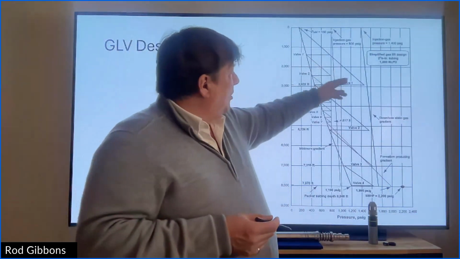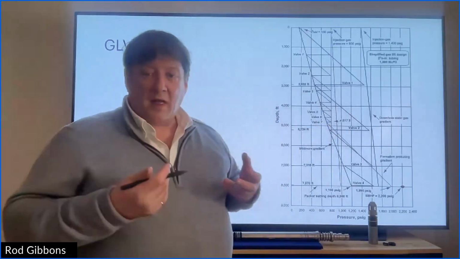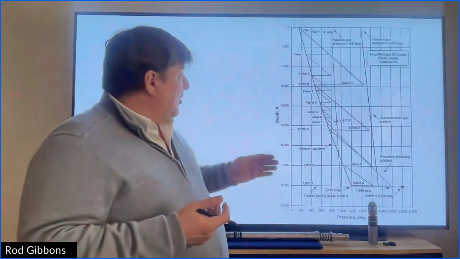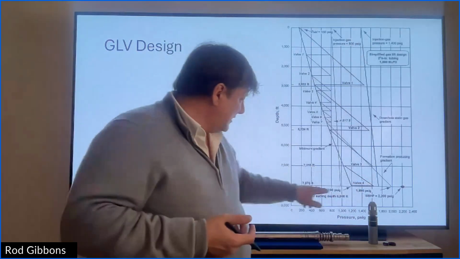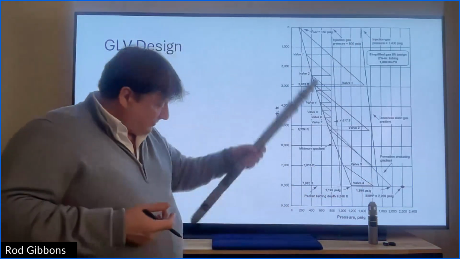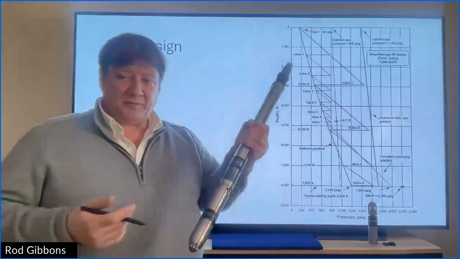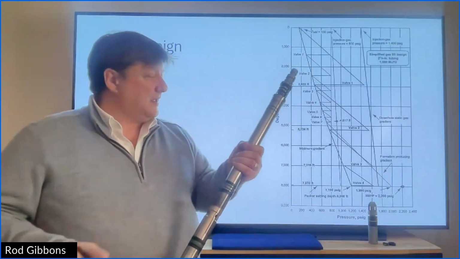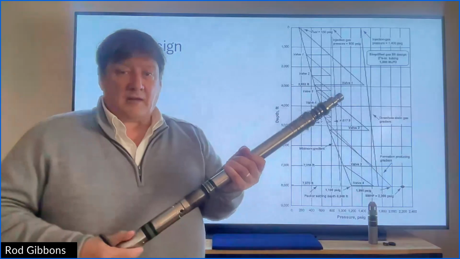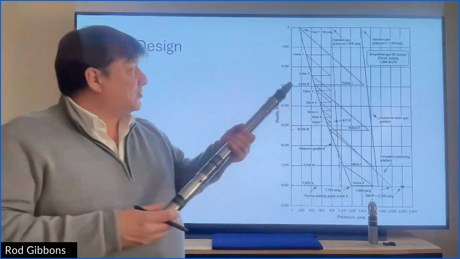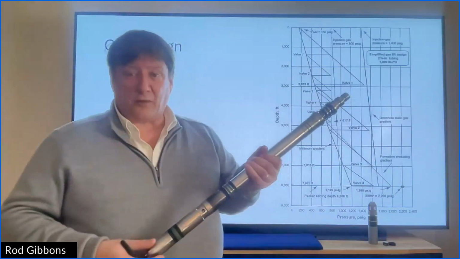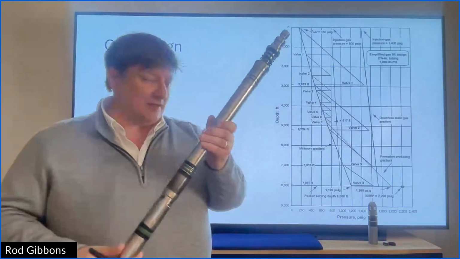From a design point of view, you want to take your injection gas and inject it at your gas lift valve as deep as possible, because that gives me the most lift. In lots of offshore facilities where you're re-injecting the gas, you probably have enough pressure that you can get all the way to the bottom, and you only need one gas lift valve in the well.